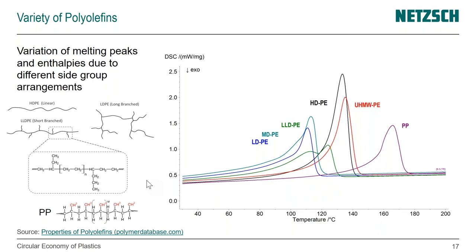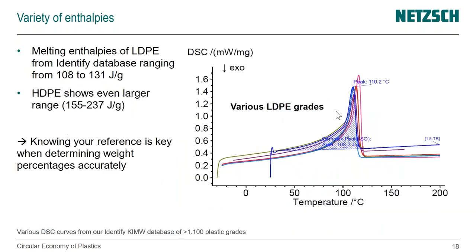And then you mentioned that there's variation between melting enthalpies within LDPE. If we want now to check if a mixture contains LDPE, should we check for a generic LDPE generated from all curves or compare it to all individual LDPE measurements in the reference database? So it's definitely a possibility to generate what we call an average curve that you can look at.